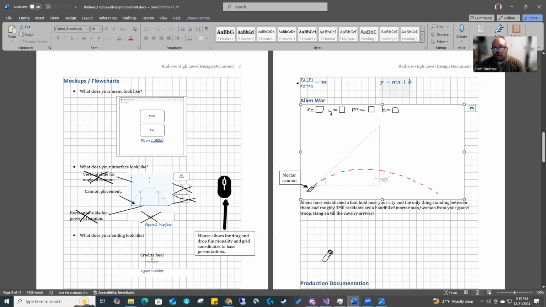Between those two equations, we get a nice, pretty parabolic arc throwing rounds out of our mortar cannon to a horde of angry aliens coming at us.